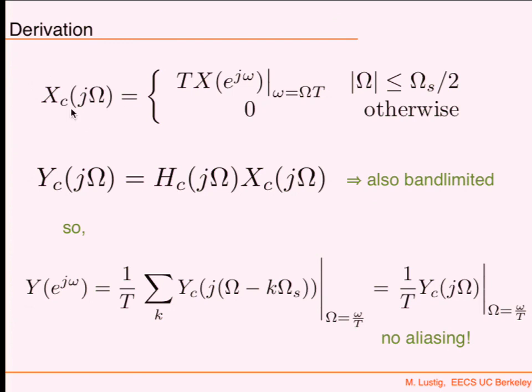So X_c(jΩ) is the same thing as T times X(e^{jω}), where small omega is ΩT. This is exactly what I showed you before when you looked at the reconstruction, right? And it's 0 elsewhere.